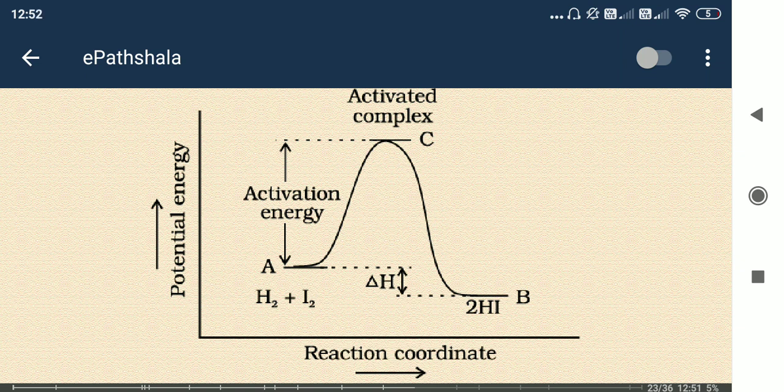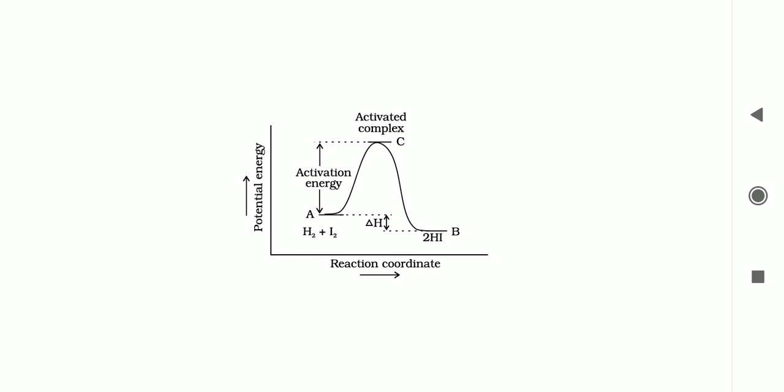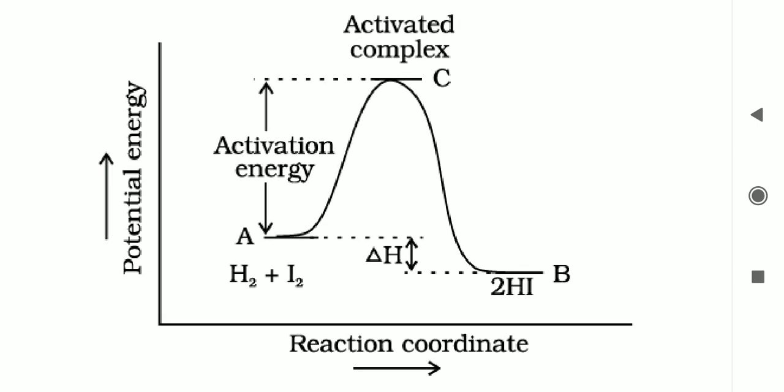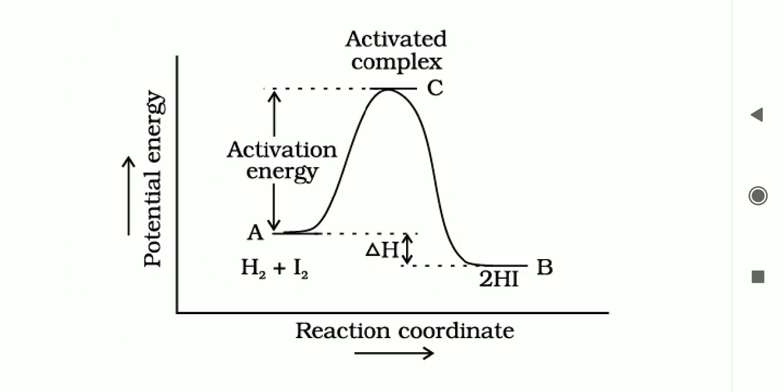You can see the potential energy of A goes up after the activated complex C is formed. So the potential energy got increased, and only after that the conversion is possible.